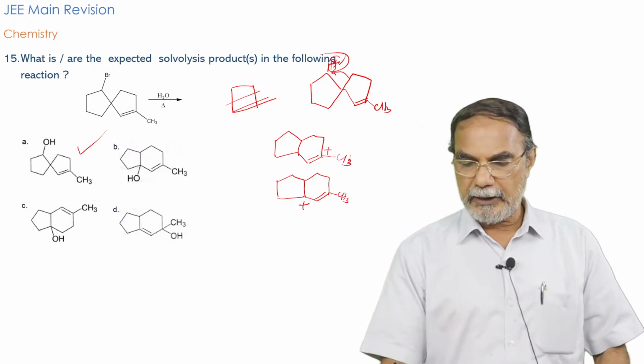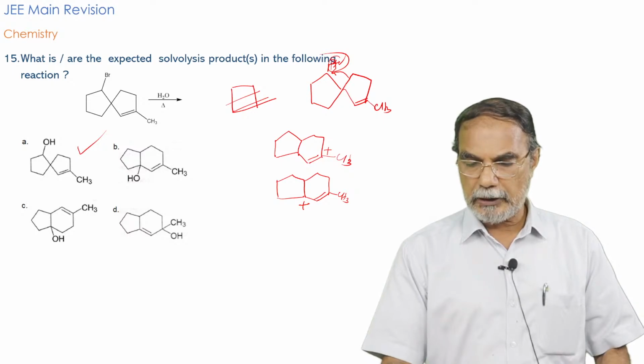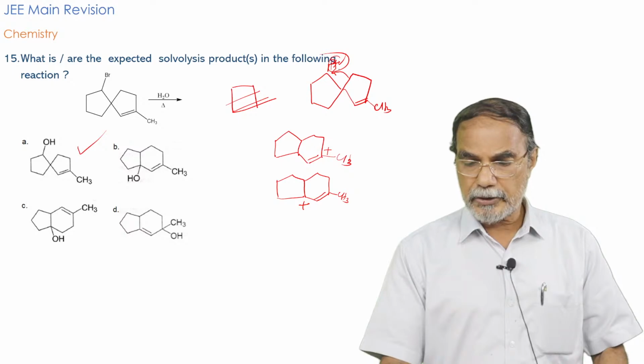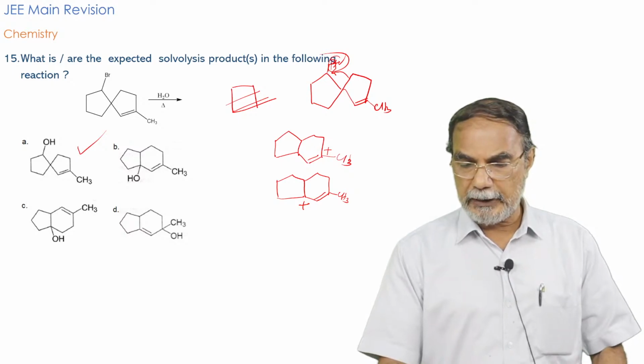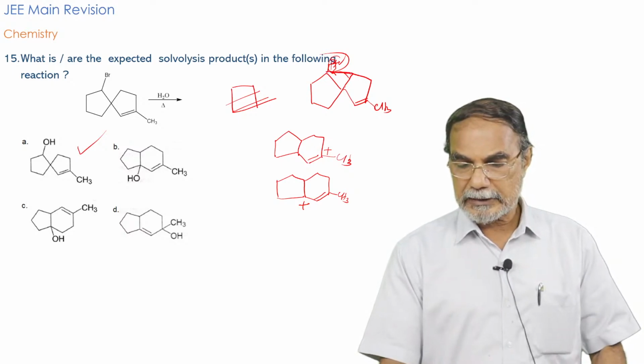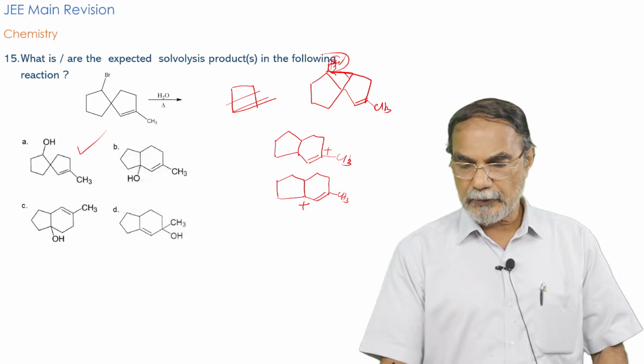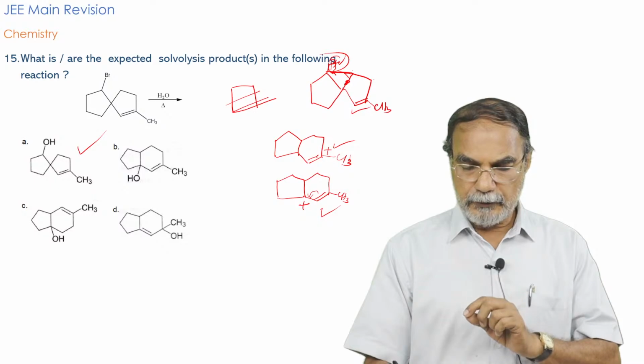From here, this bond is actually broken, and these electrons are utilized in forming a bond at these two ends. Remember the electron is lost from this carbon. That's why the positive charge is on this structure.